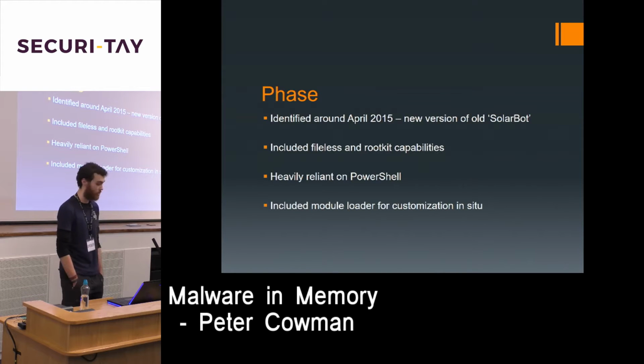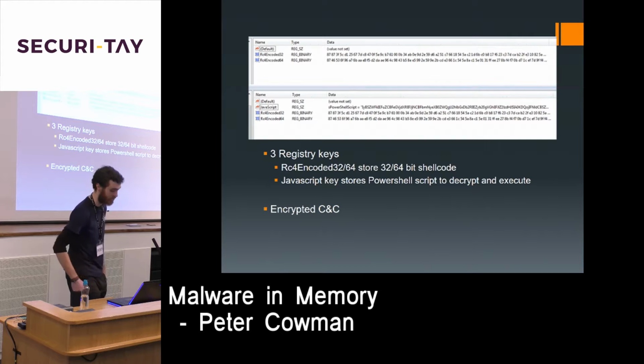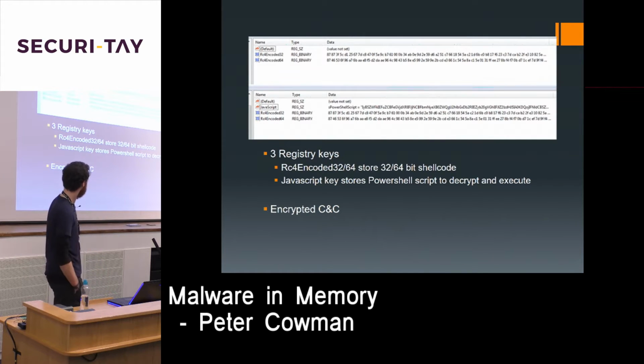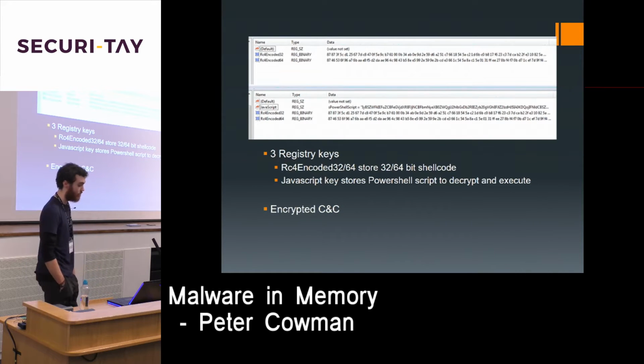Again, as I say, it is heavily reliant on PowerShell, and this one included a module loader so that the malware author could customize the malware in situ. Just like the last one, these are the registry keys for it. This one uses three.